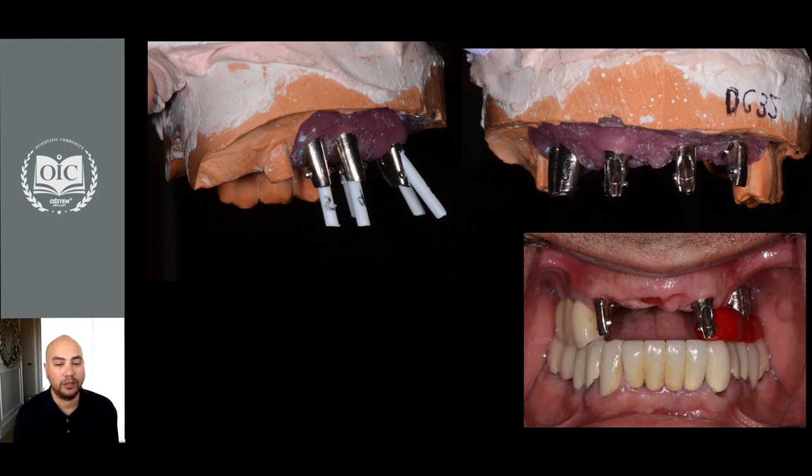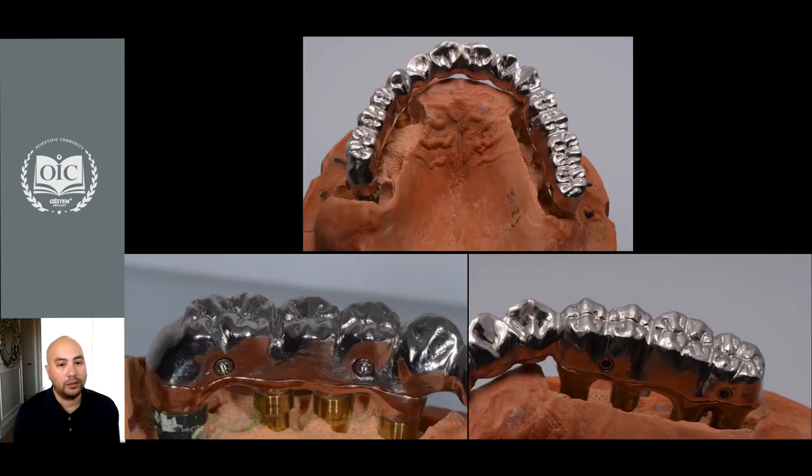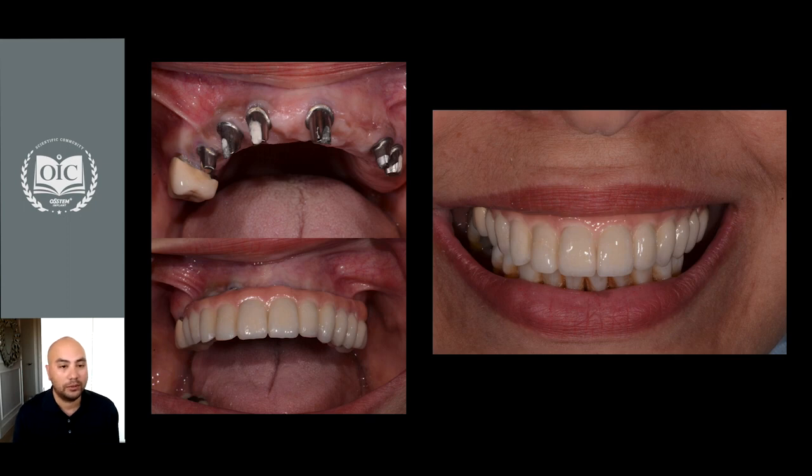Therefore, we would have to use cement retained solutions, which will make things extremely complex and lengthy, or that could lead to costly and sophisticated prosthetic solutions, or cement retained full arch implant restoration, which is not ideal because that could be difficult for the patient to maintain, and could also cause smell and plaque accumulation.